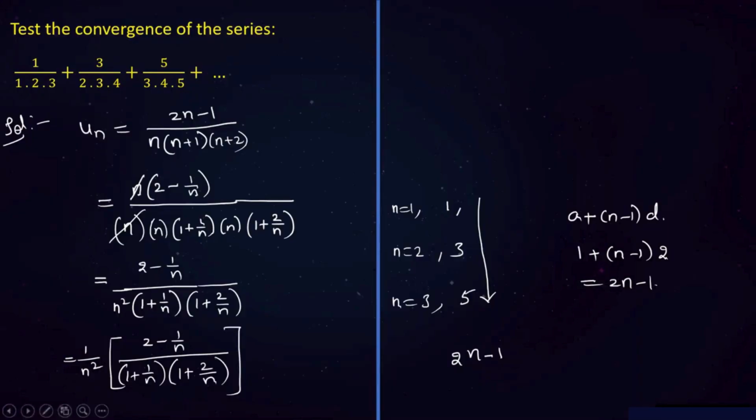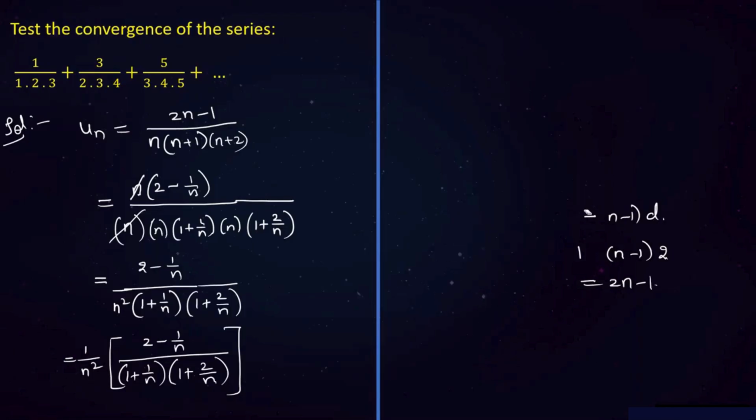When they're all functions of 1 by n, whatever the coefficient you get here, like 1 by n square in this case, that is now Vn for us. So looking at that particular coefficient of this function of 1 by n, we need to decide Vn. In this case, the coefficient is 1 by n square. So let us take that 1 by n square as Vn.